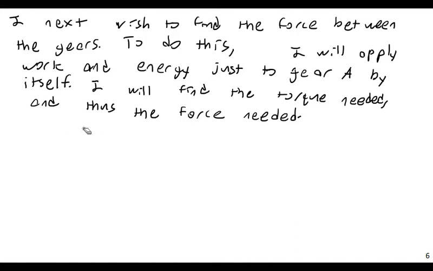Instead of just writing it, let me do that, because I know that the arc length traveled by each of them, the distance traveled by each of them, will be the same, because they meet up and join at that one point. So I know SA is equal to SB. SA would be the linear distance traveled by a particle on the wheel as it rotates around multiple revolutions. And I also know that S is equal to R theta, is it not?